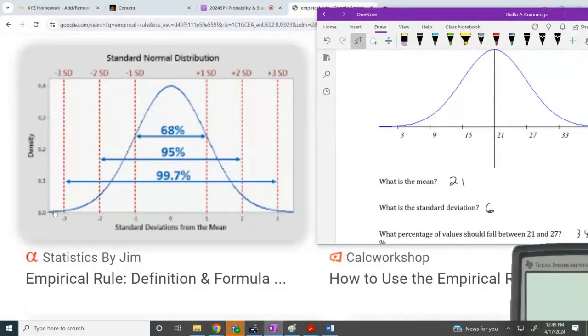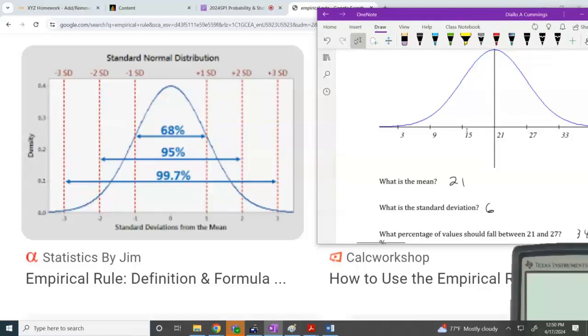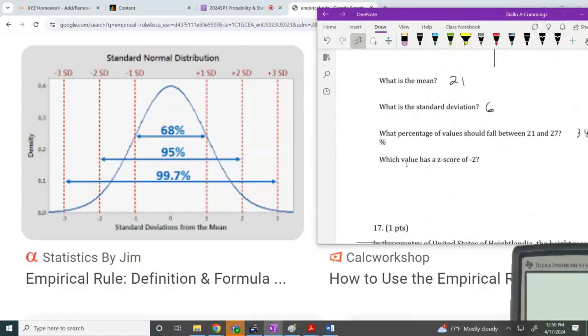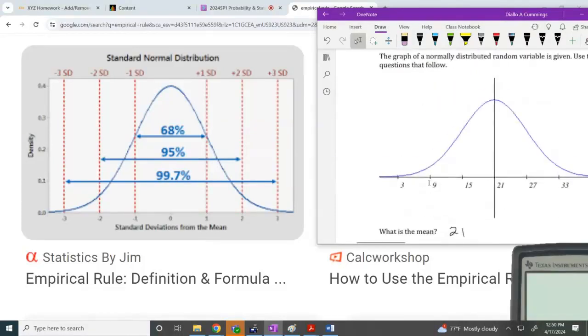If we line this up with our problem, -3 would be 3, -2 would be 9, -1 is 15, and then 0 is 21. So if we're asked to find which value has a z-score of -2, that would be 9.